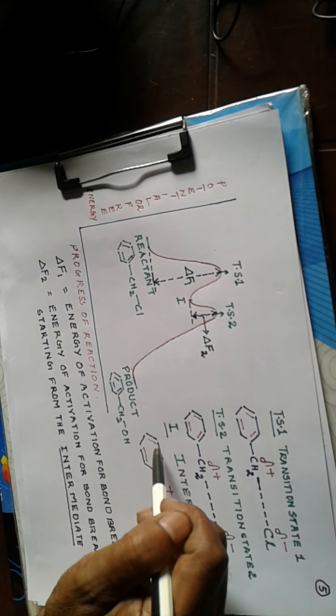A carbocation can be an intermediate. It is not so stable, but it is sufficiently more stable than the transition state. And so during the progress of the reaction, we can isolate these intermediates, and their properties may be studied. Now the benzyl carbocation is the intermediate here.